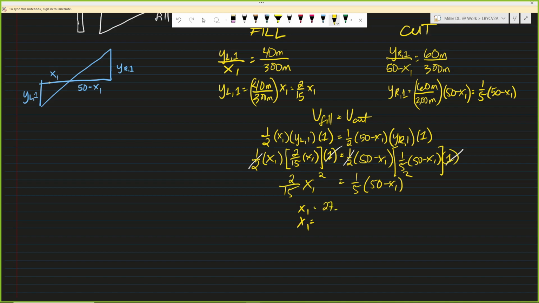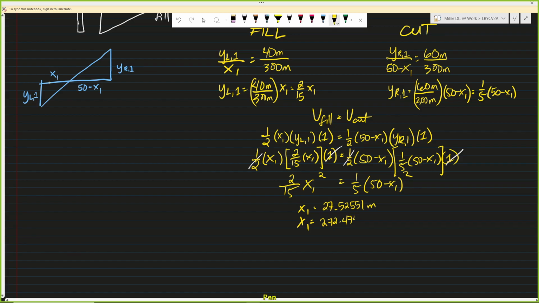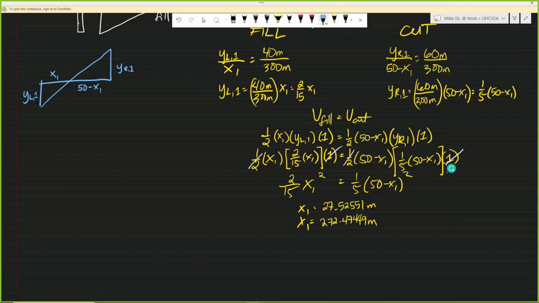We have 27.52551 meters. And we have 272.477. Okay, among these two, ano ang pipiliin nating value ni x sub 1?